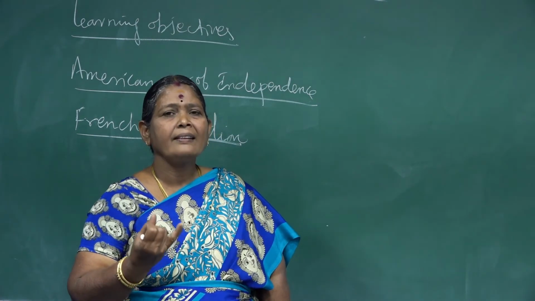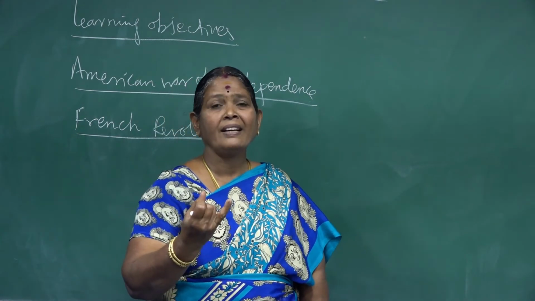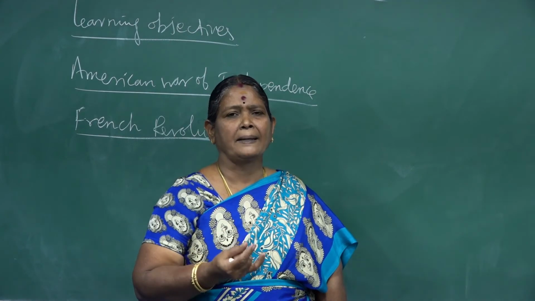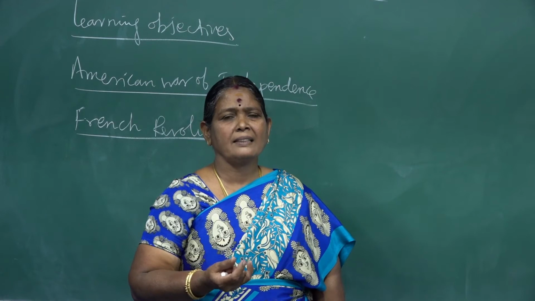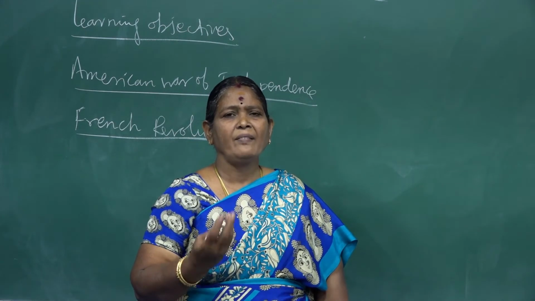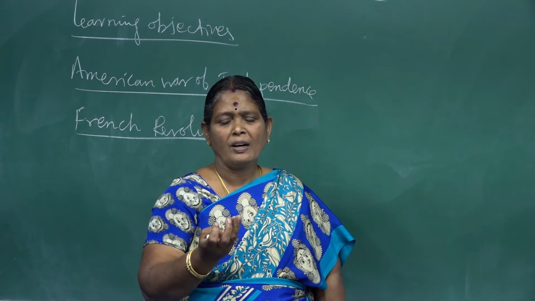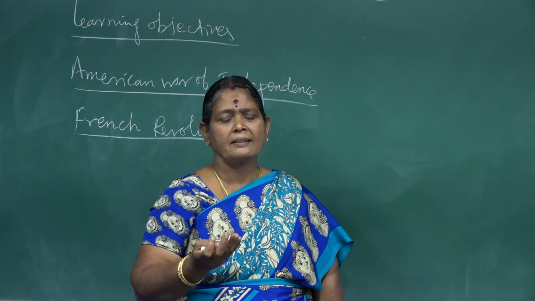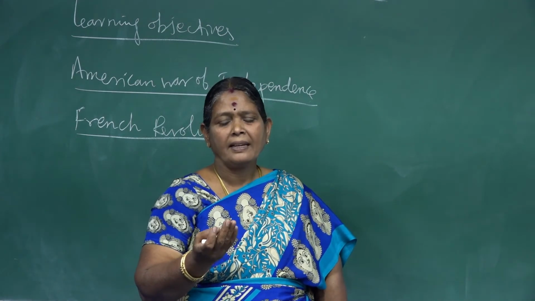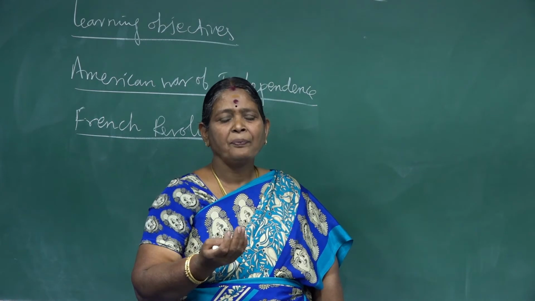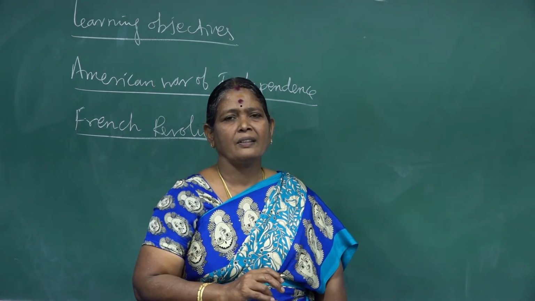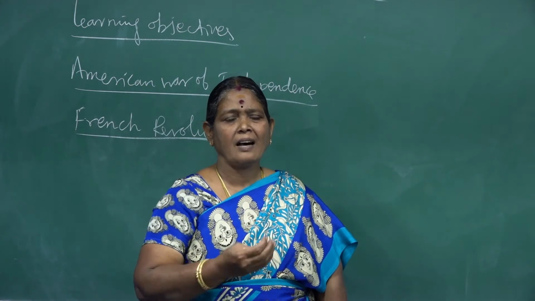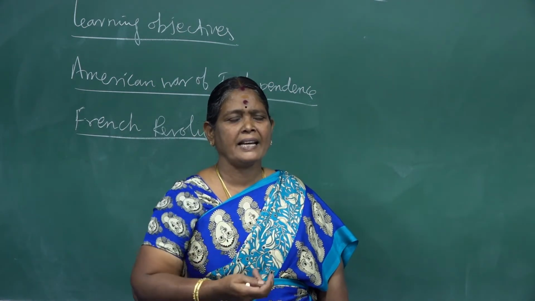One, France was involved in a 7 years' war with England. The 7 years' duration was long, which cost them heavily. So that was a much burden. Second, France supported the American War of Independence. So that was the second way the economy was drained.